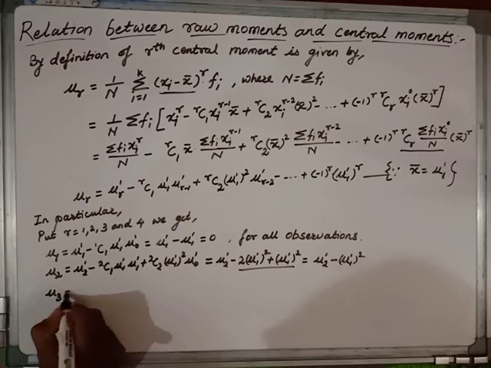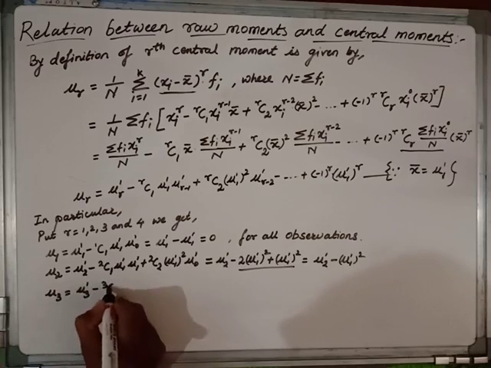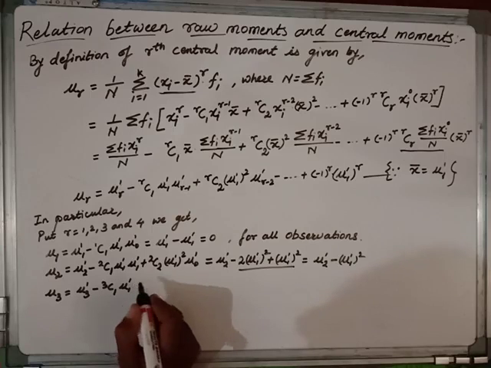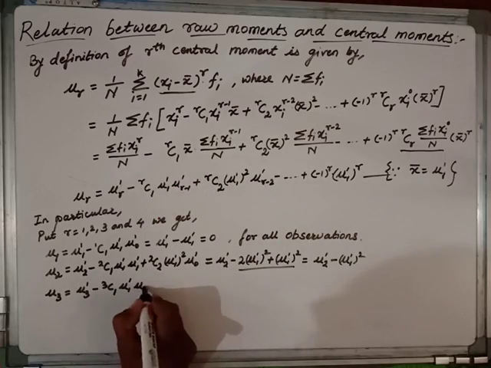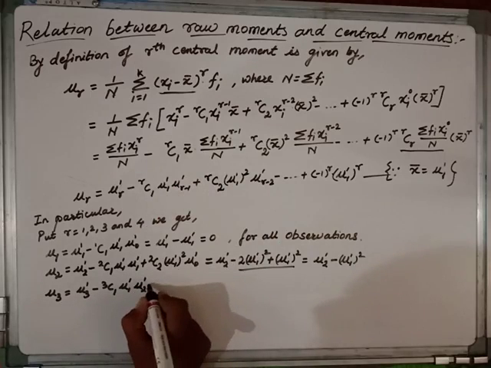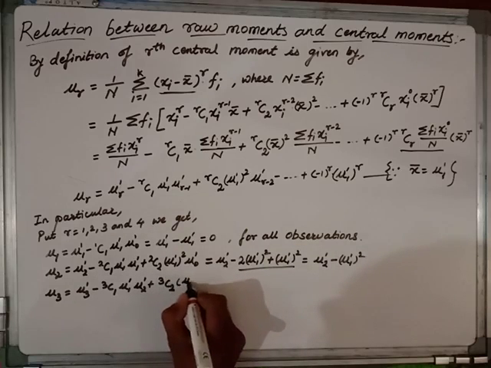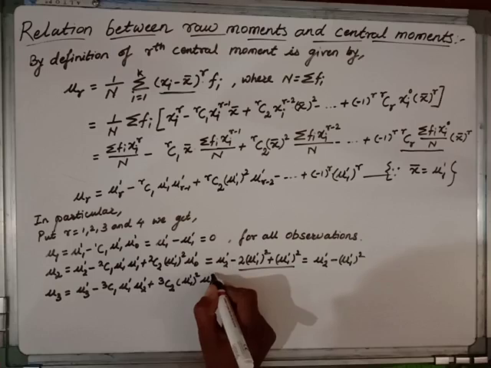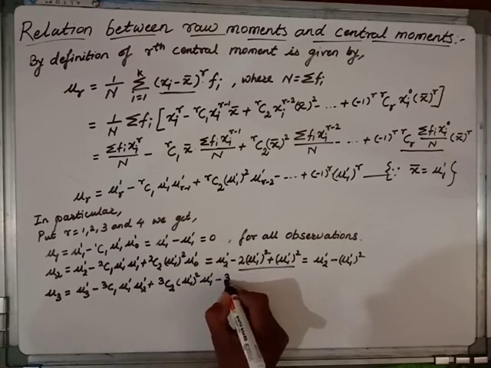What is mu3? Mu3 is mu3 dash minus 3c1 mu1 dash into mu2 dash. Fine. Plus 3c2 mu1 dash square into mu1 dash, minus 3c3.